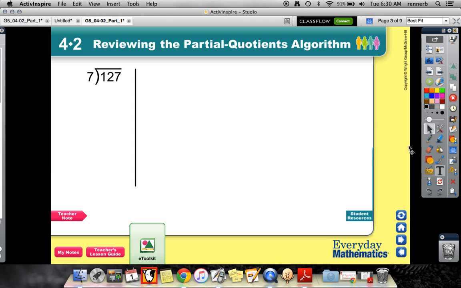And I said 70 because I was taking 7 times 10 equals 70. And that's a pretty good estimate. So I'm going to guess with that one. So 7 times 10 is 70. So watch what I'm going to do. I'm going to take this 70 and I'm going to put it right here underneath. Now I'm going to subtract it out, and that's going to give me 57.